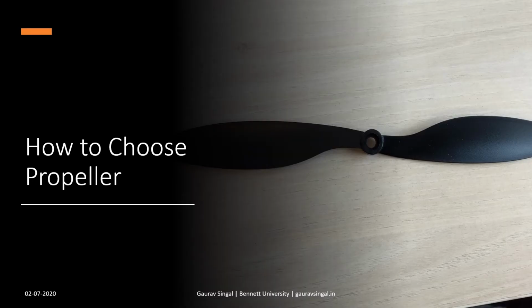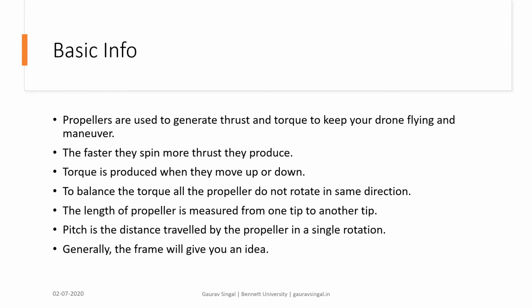Then the next component is propellers. With the help of the motor, the propeller will move. I'm just telling you the basic concept about propellers. Propellers are used to generate thrust, because motors do not generate thrust. Thrust is generated by the propeller, and torque, to keep your drone flying and maneuvering.